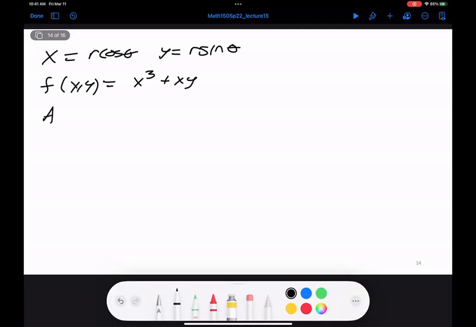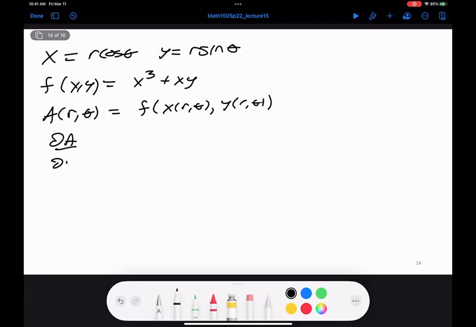And so I can get some new function of r and theta, which is going to be f of x of r theta, y of r theta. So dA dr is going to be df dx dx dr plus df dy dy dr. Right?